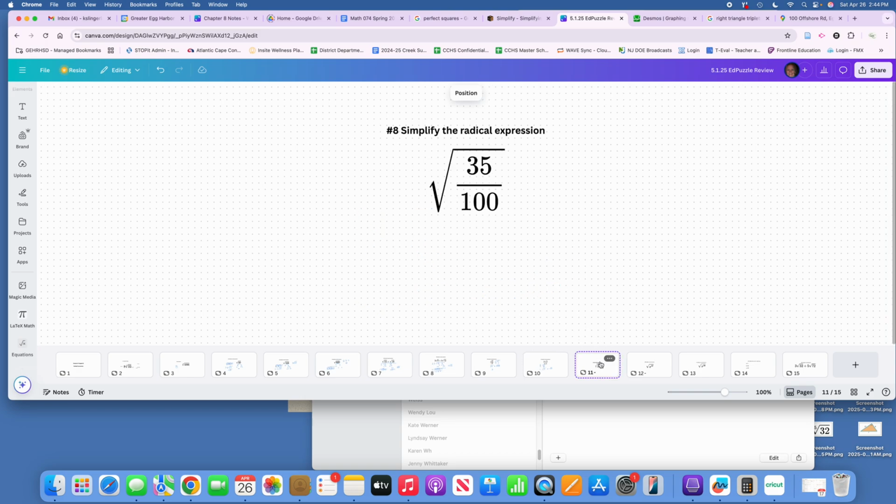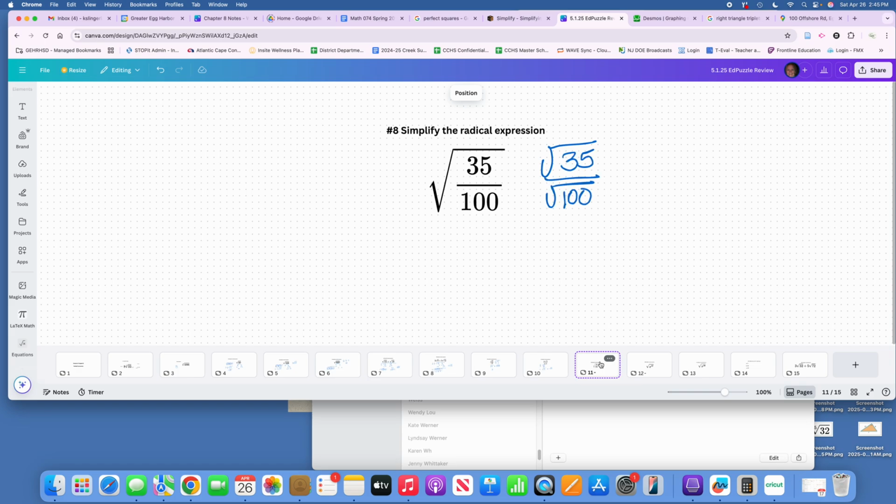Okay, the next one. We are simplifying radical expressions again, but remember, we are allowed to take the division problem and separate it. So we can rewrite this as radical 35 over radical 100.